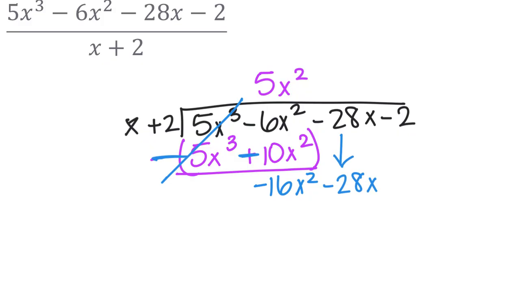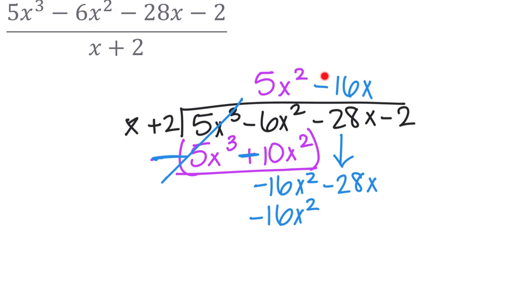Now ask yourself, what number times x gives me negative 16x squared? That's going to be negative 16x. So doing the same process again. Negative 16x times x is going to give me negative 16x squared.